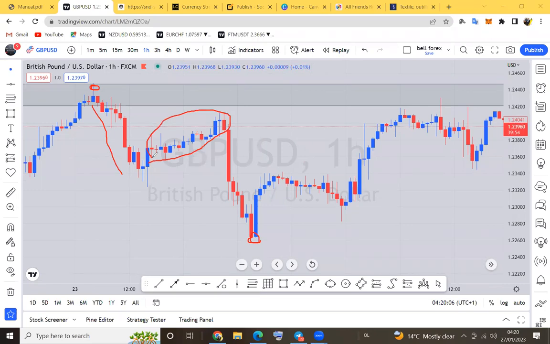So my dear friends, once you see such things, you just know that it's a pullback. Even the behavior of the price action can tell you if it's a pullback or not. So if you see a market moving like this and you are struggling to buy this market, that means it should whip your back.